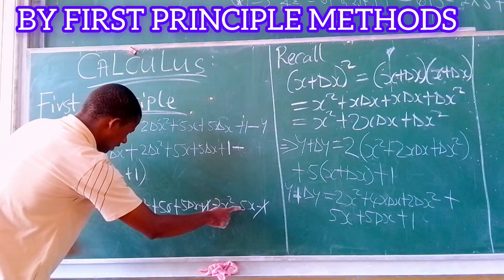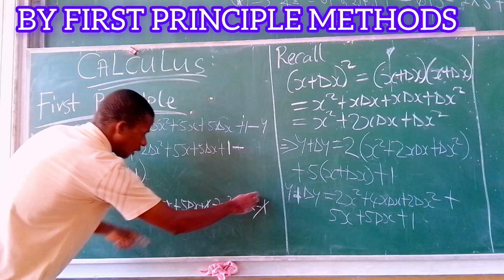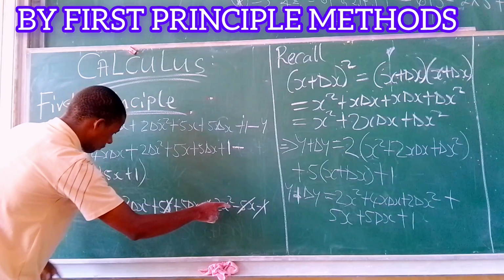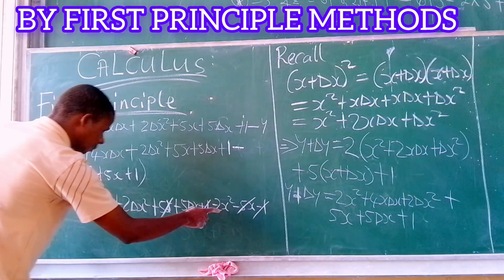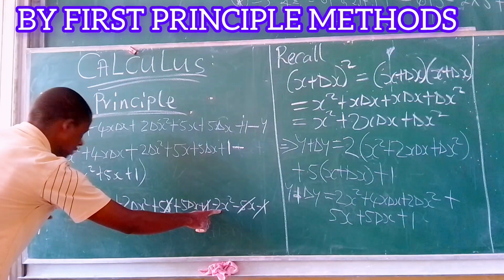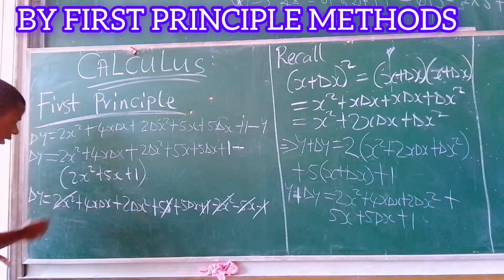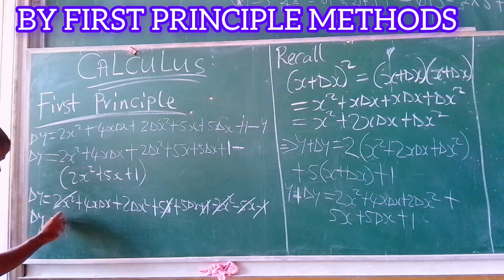Minus 5x can cancel out 5x. Minus 2x squared can cancel out 2x squared. So we're going to be left with what? Our δy becomes what?